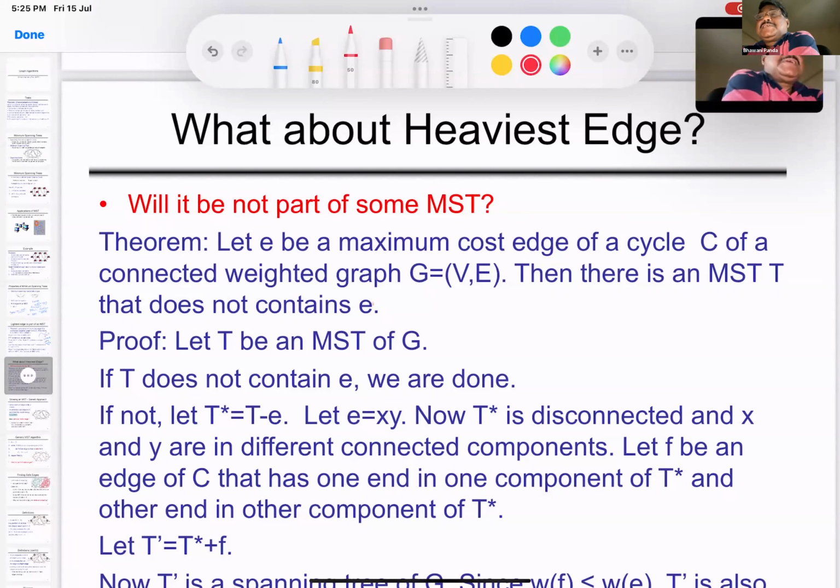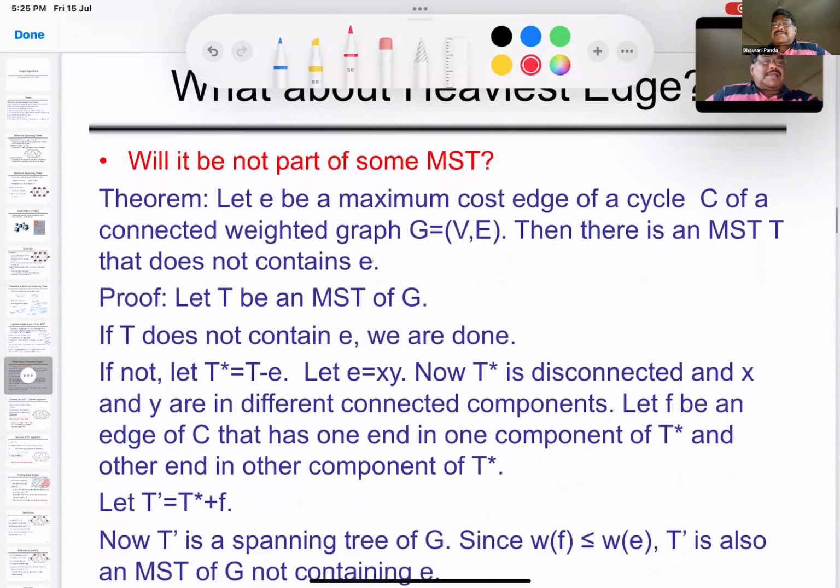A spanning tree has 999 edges, so you have to remove 1000 squared minus 999 edges one by one, finding a cycle and looking for the heaviest cost edge each time. So though theoretically it gives you a method for constructing a minimum spanning tree, the method may not be very efficient.